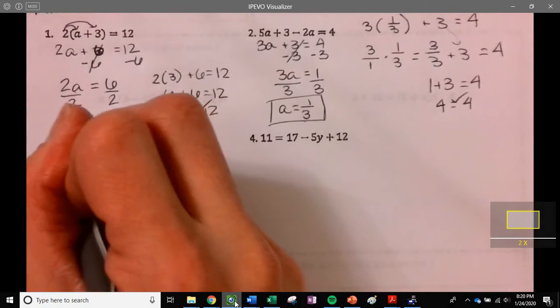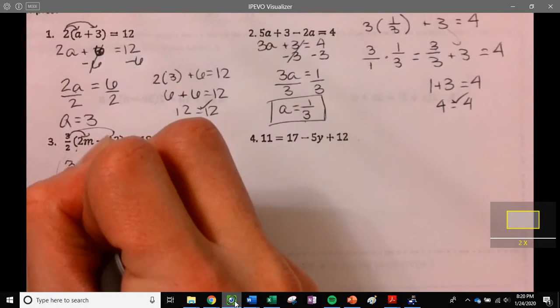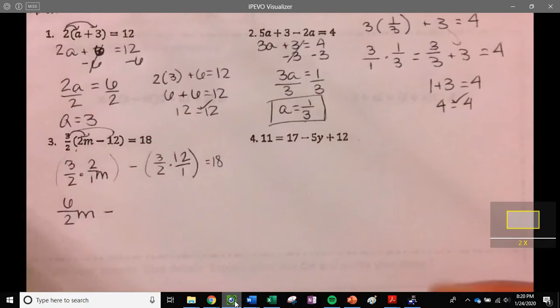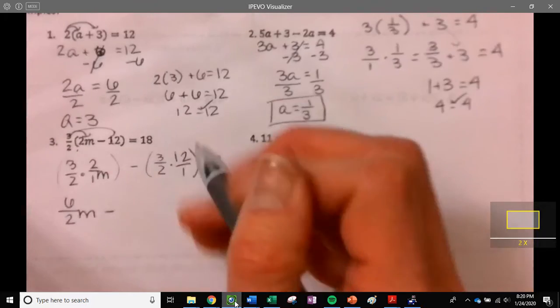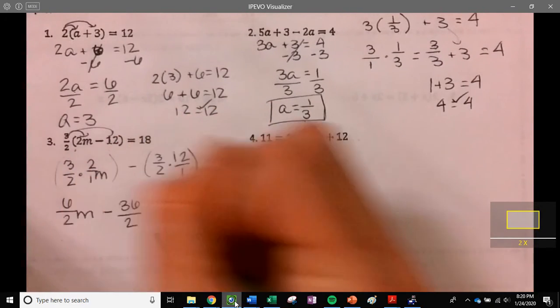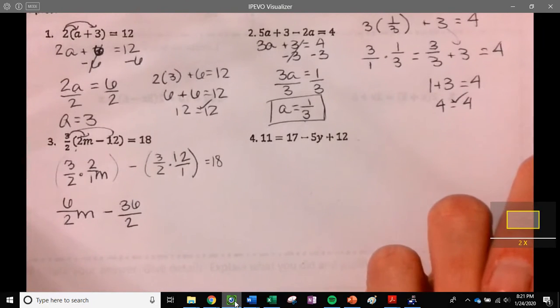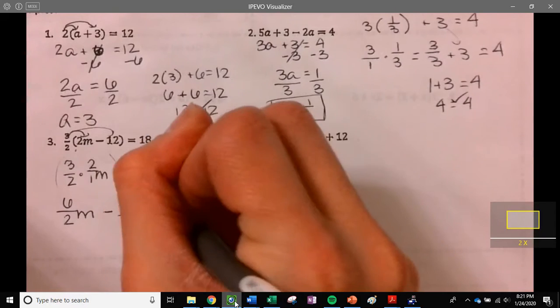Okay, so this is going to give me 3 times 2 is 6, 2 times 1 is 1, 6/2 m, minus 3 times 12 is 36, 2 times 1 is 2, 6/2 m minus 36/2 equals 18.